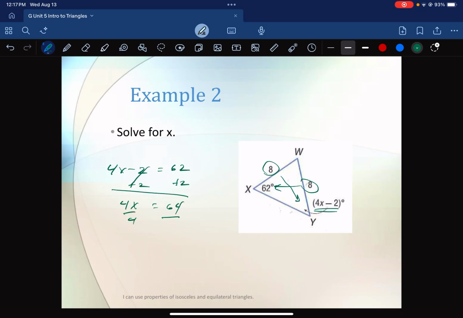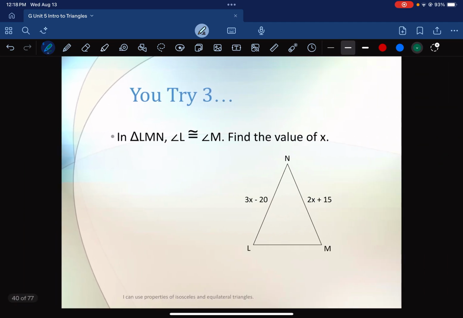I can divide by 4. And 4 goes into 64. Is it 18? I better use my calculator. 64 divided by 4 is 16. So x is 16. Okay. Give this one a try.